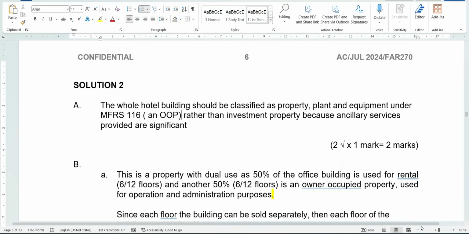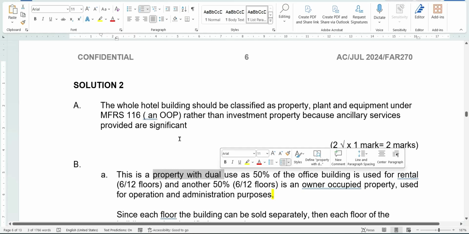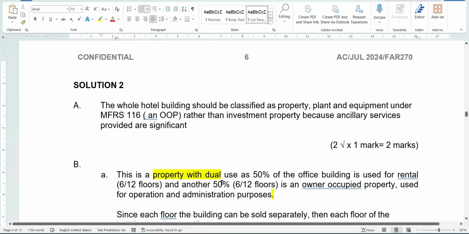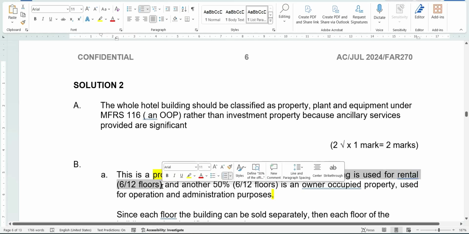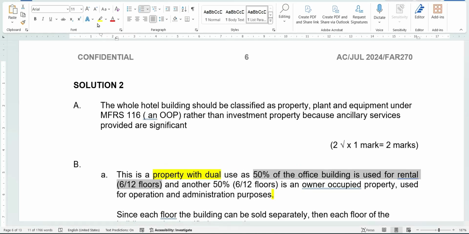So the first one, you can see that I start with the sentence, this is a property with dual use. I start by telling that this is a property with dual use, and I give the reason why it was a dual use. The dual use here refers to 50% of the office building that was used for rental, which is the remaining sixth floor.